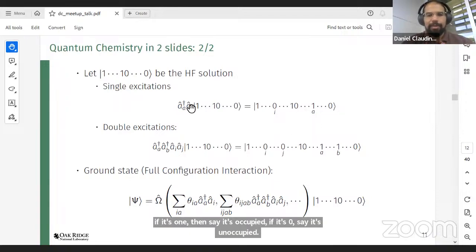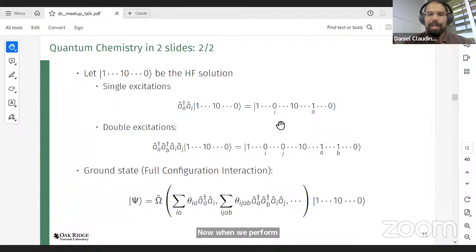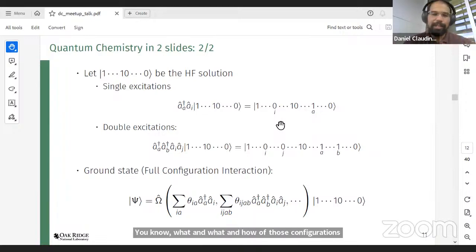When we perform those excitations, you generate different electronic configurations. There is a hierarchy of configuration interactions, which means how many of those configurations you are incorporating to approximate your energy spectrum. Now, the full configuration interaction is, yeah, you consider everything, all the possible ways that electrons can occupy different orbitals.